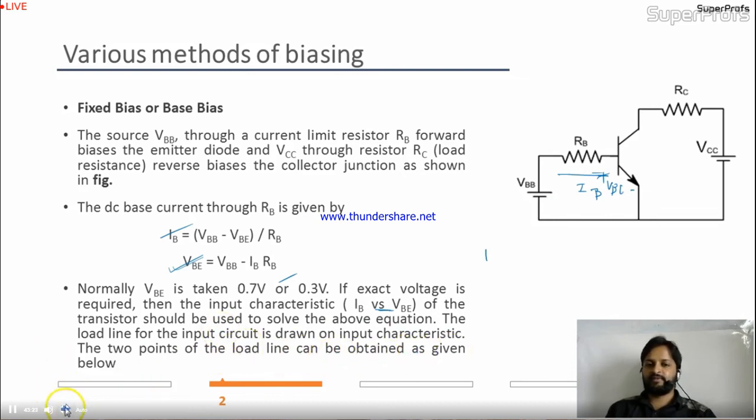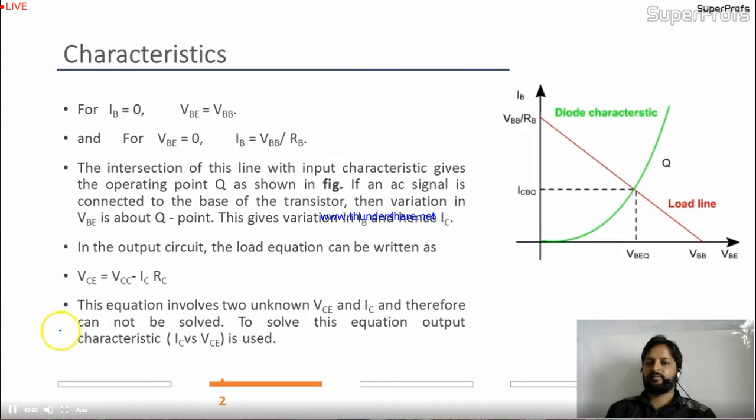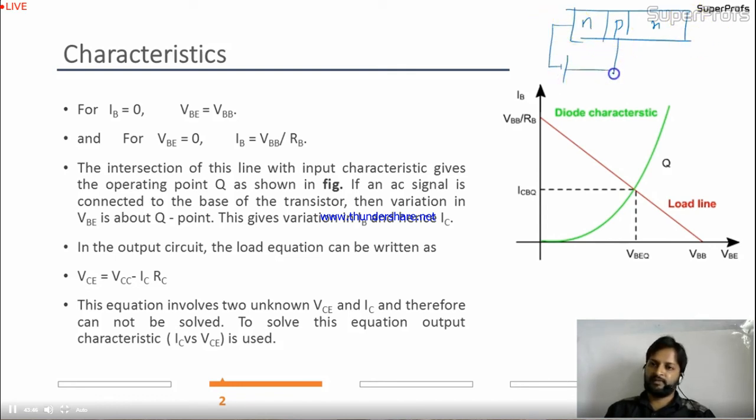See friends, this is the load line, right? And this is the input characteristics. At the input, first of all, you have taken the NPN transistor. To this NPN transistor you have forward biased the input stage and reverse biased the output stage.